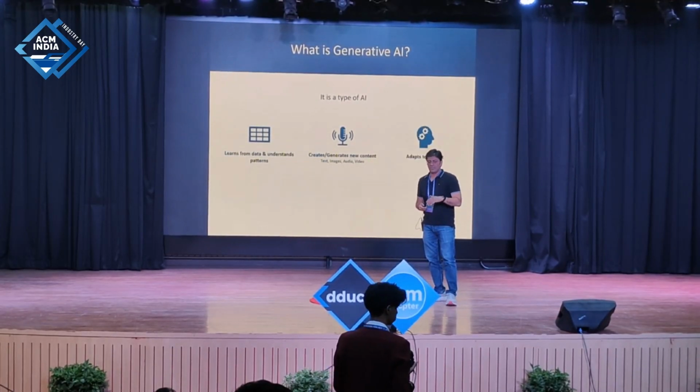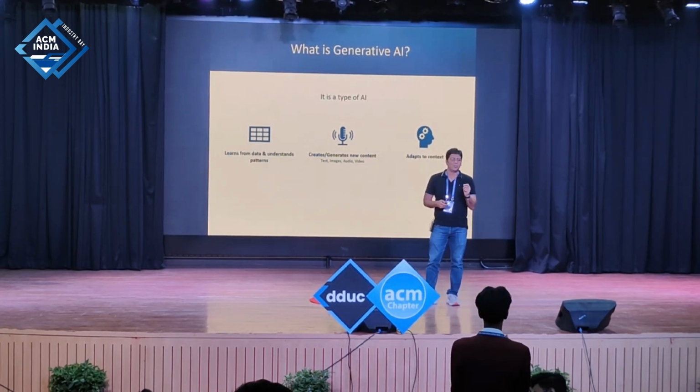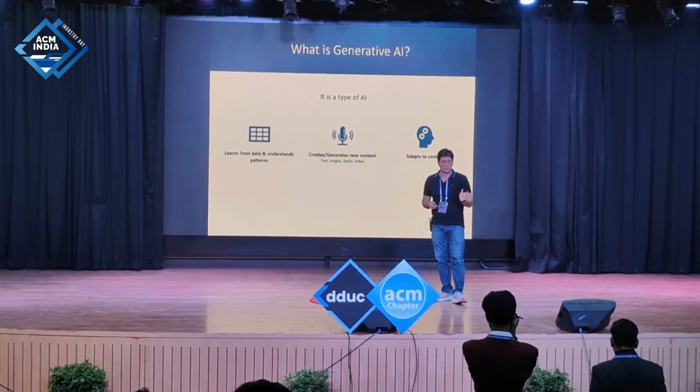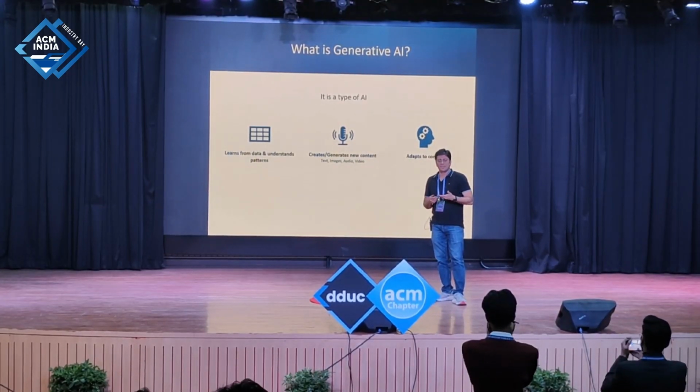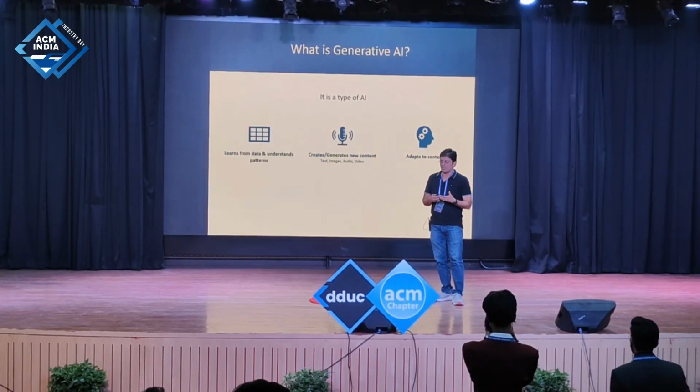But the biggest thing which differentiates generative AI from AI is the ability to adapt to context. AI models have been there for quite some time now. Earlier you would give it a PDF or an image and it would recognize what the image is all about.